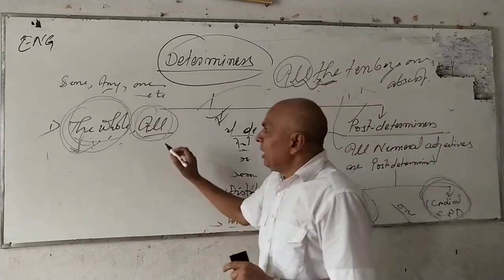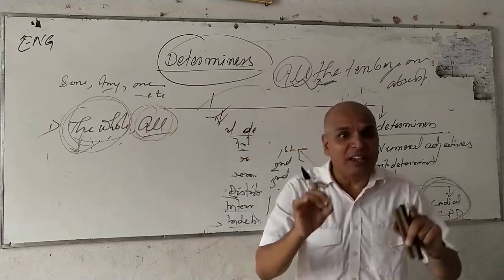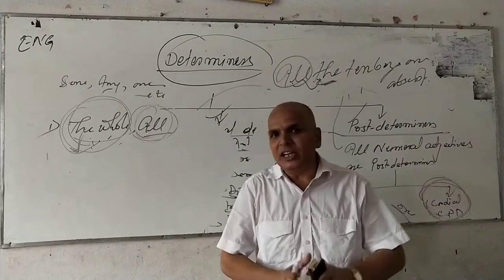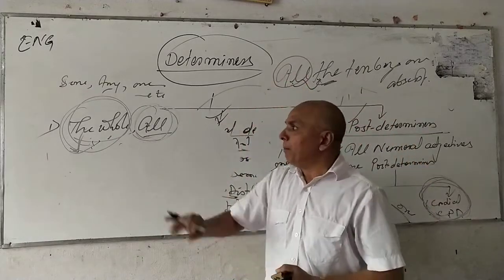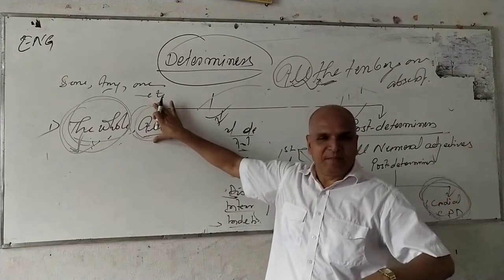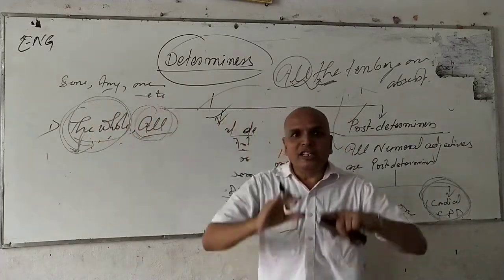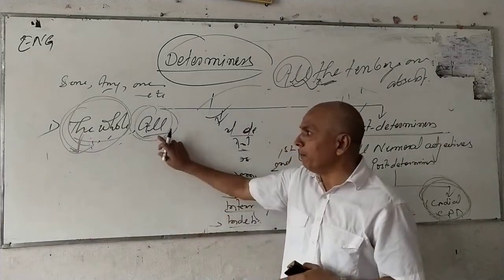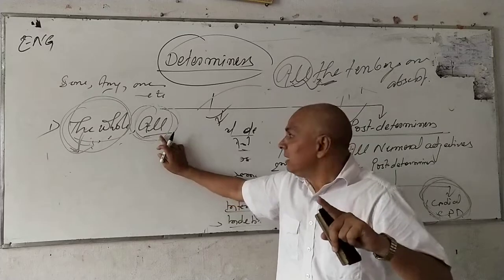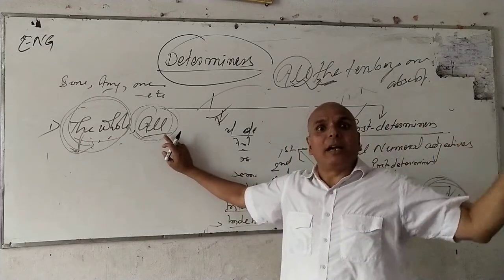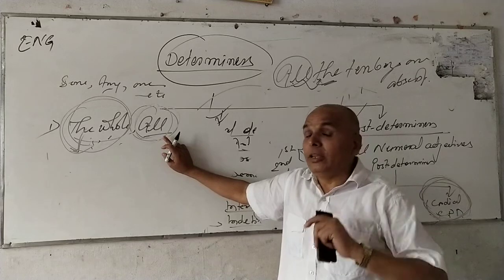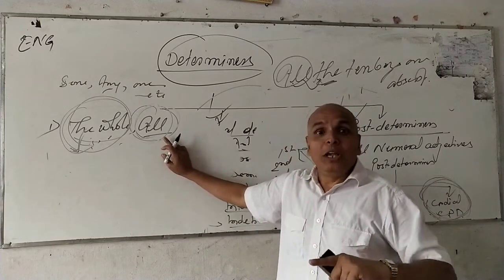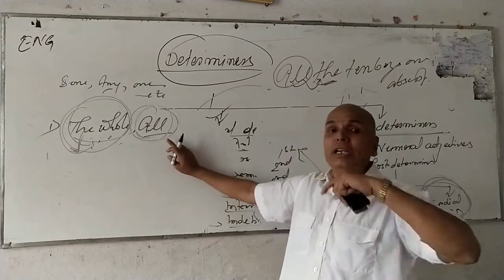Sense difference. All brings the sense of diversity. Of course, it tells the entire amount. It expresses the entire quantity, but along with the sense of diversity. But the whole expresses the entire amount, but with the sense of integrity. As for example, all Indians are against Pakistan. We have said whatever we have to say, but we have divided the Indians, all Indians.